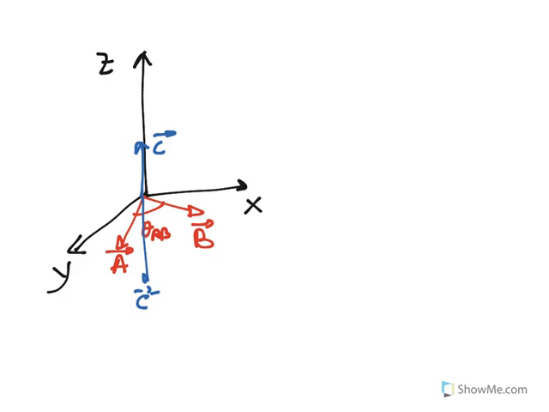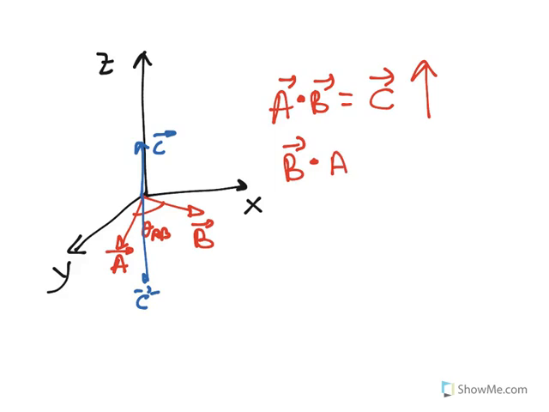And the sense is going to be given by the right hand rule, such that in this case, if we state A cross B, you put your right hand in A and close it towards B, and then C has to go towards the upwards direction. But if we put B cross A, you have to put your hand in B and close it towards A, and then C has to go towards the downward direction.